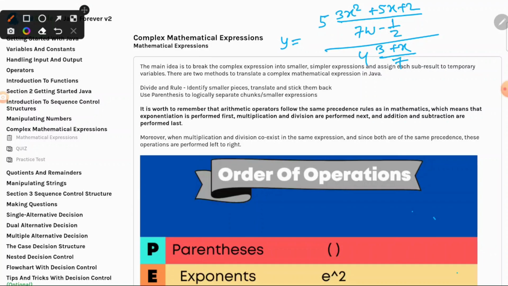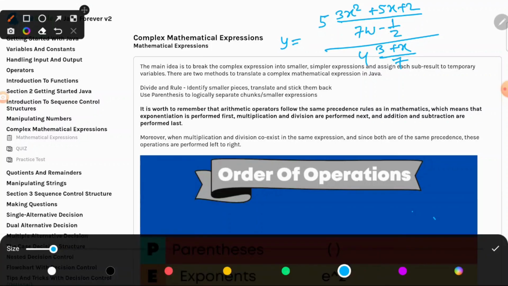It's not easy to simply solve using parentheses. Parentheses are useful, but when you see a super complex equation like this, I always recommend using divide and rule. What I mean by divide and rule is treat one part, solve it, put it in a temporary variable, and then use the temporary variable in the next step. Let me change the color so we don't get confused.